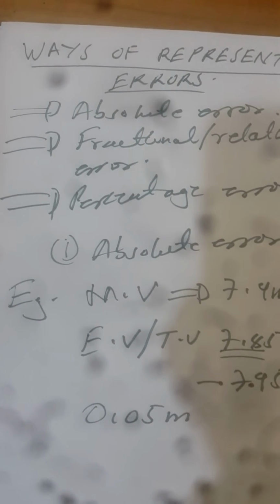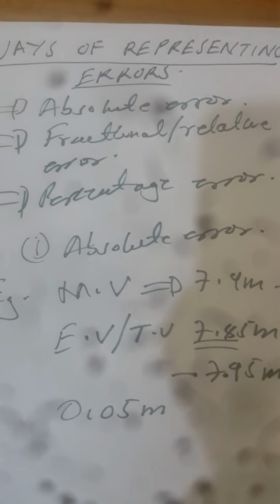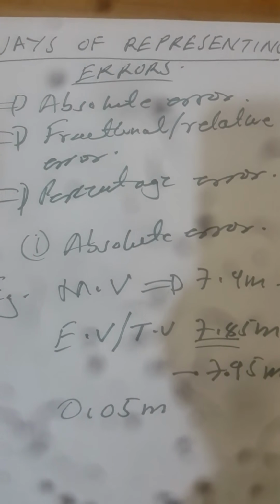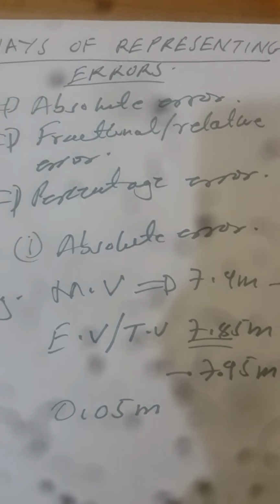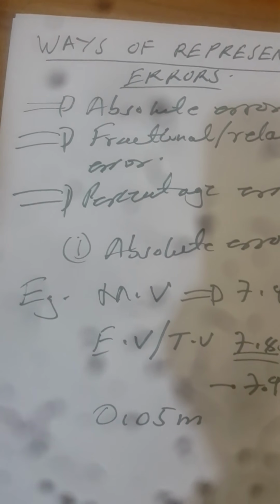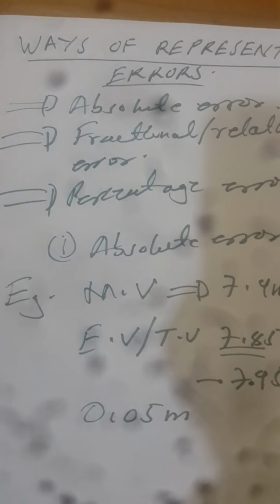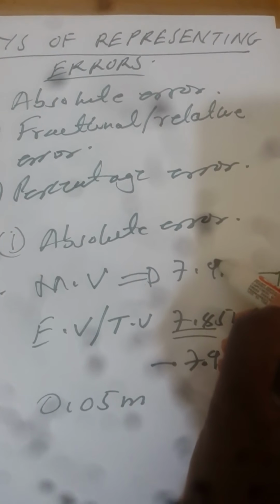By definition, absolute error is the algebraic difference between the exact value and the measured value. That's known as absolute error. For example, a measured value is 7.9 meter.